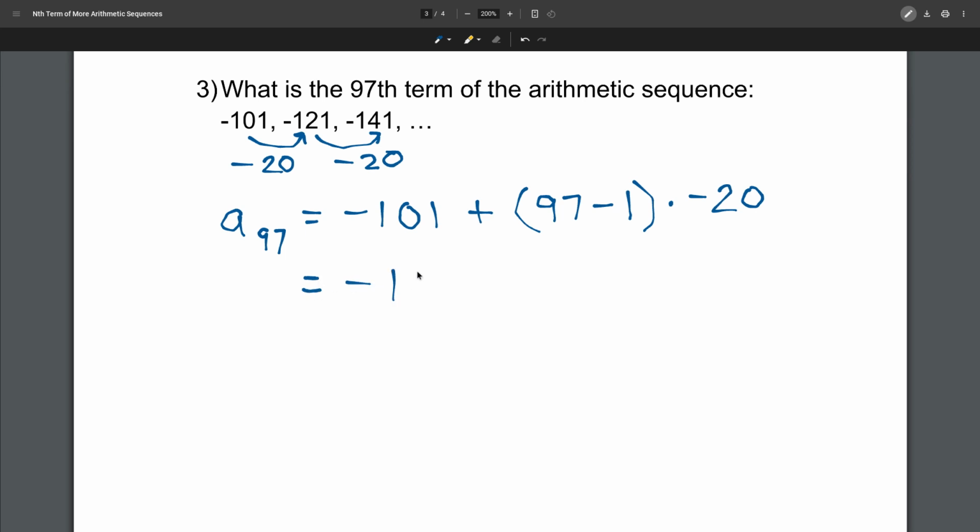So we have negative 101 plus 96 times negative 20. So that's negative 101 plus, let's do 96 times negative 20. So that's negative 1920.